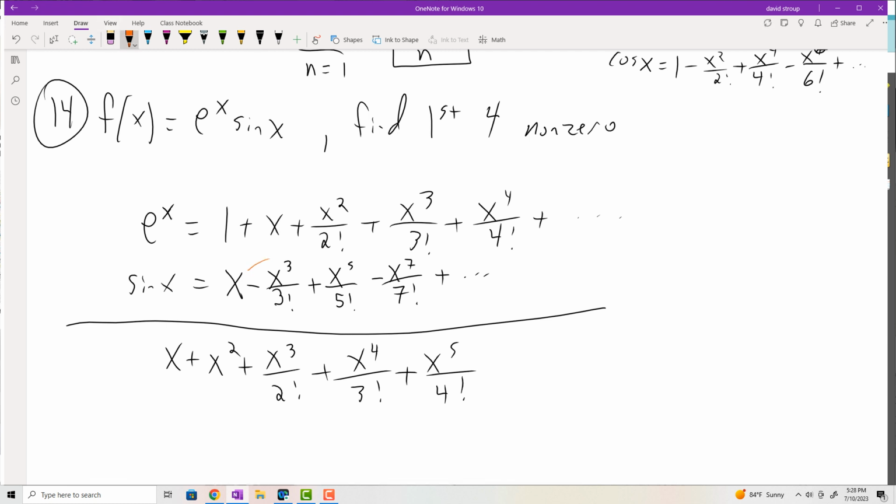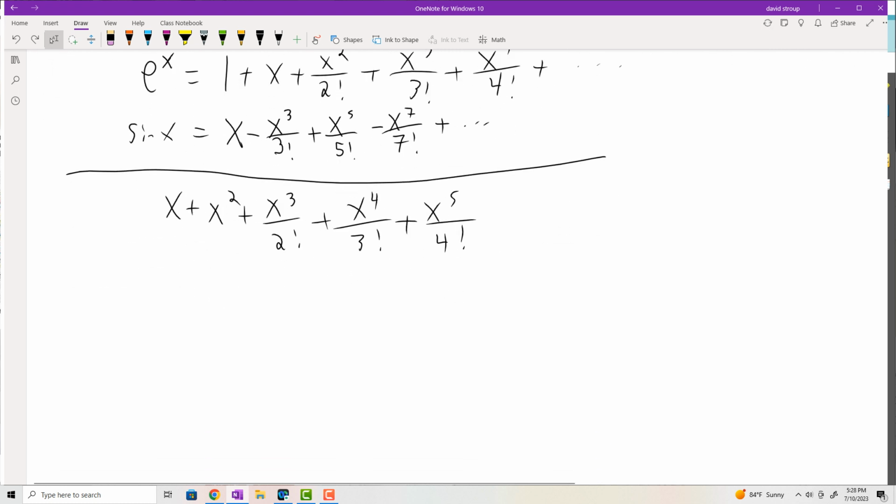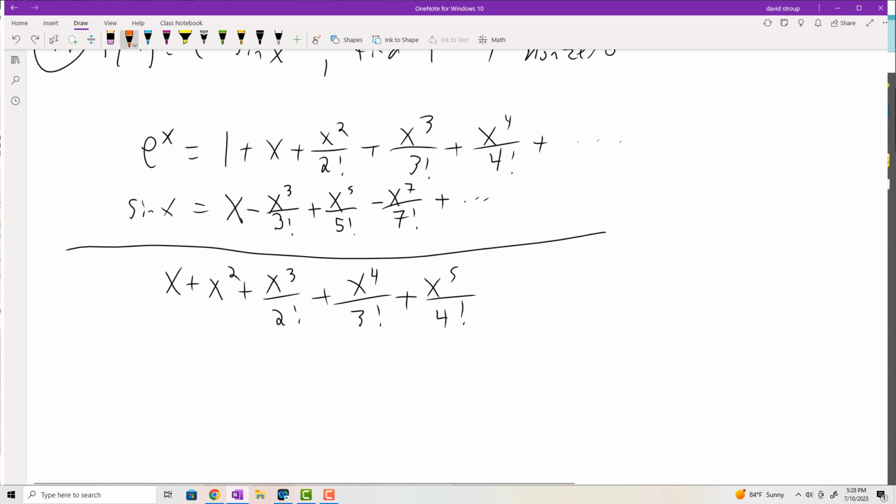Now I need to distribute the negative x cubed over 3 factorial to all the terms. I'm going to line them up by column on the bottom here. So negative x cubed over 3 factorial times 1 is negative x cubed over 3 factorial. Then negative x to the 4th over 3 factorial.